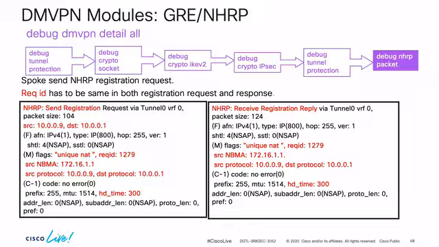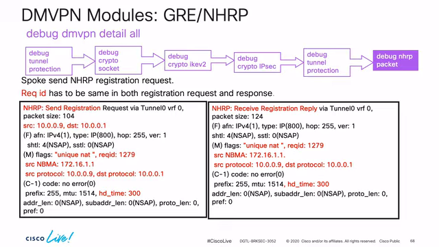Within the registration request, you would see the source tunnel IP address and the destination tunnel IP address, and you would see the flags and the NBMA address also.